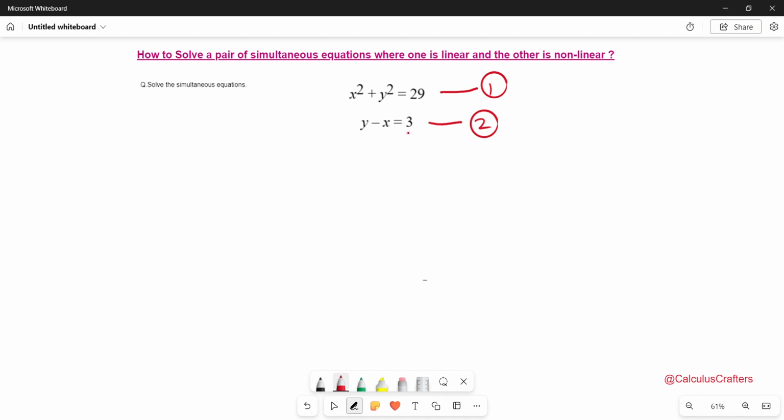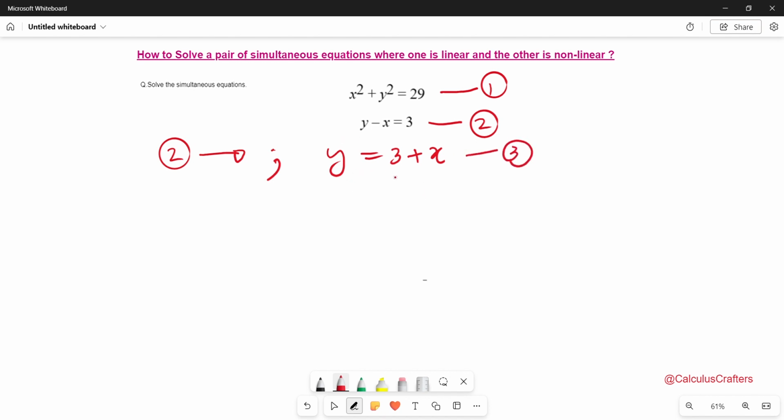So basically what we're going to do, we're going to take the second equation and modify it with y as the subject of the formula. Then y equals 3 plus x. That's our third equation.